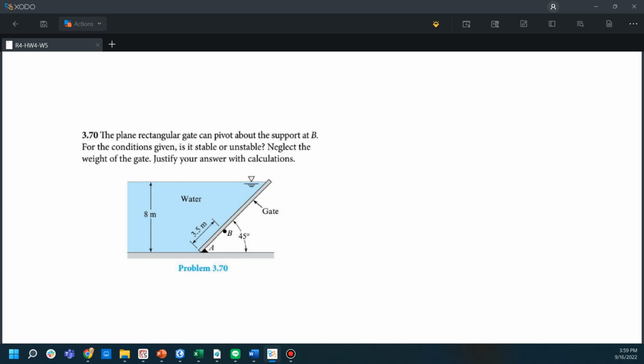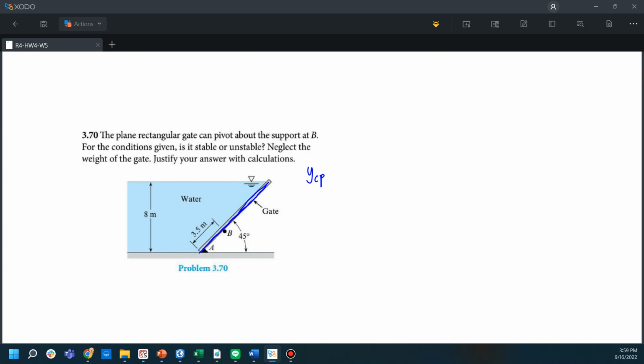So what we really want to find to prove this system is stable or unstable is actually to find YCP, where the location of the pressure force is. Just to clarify, the Y here is a location along this beam.